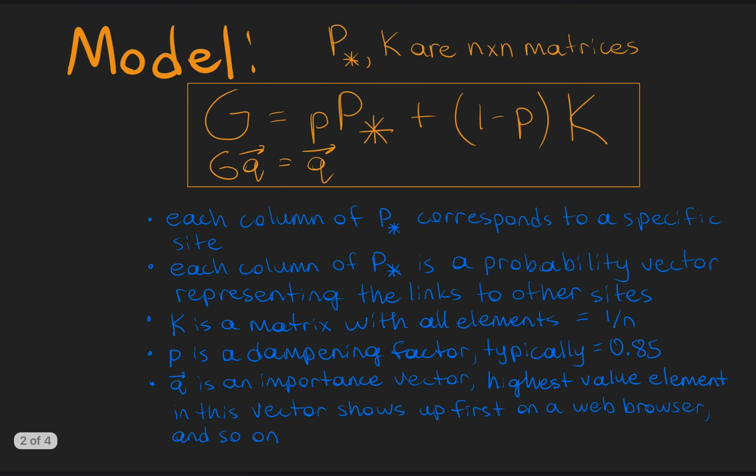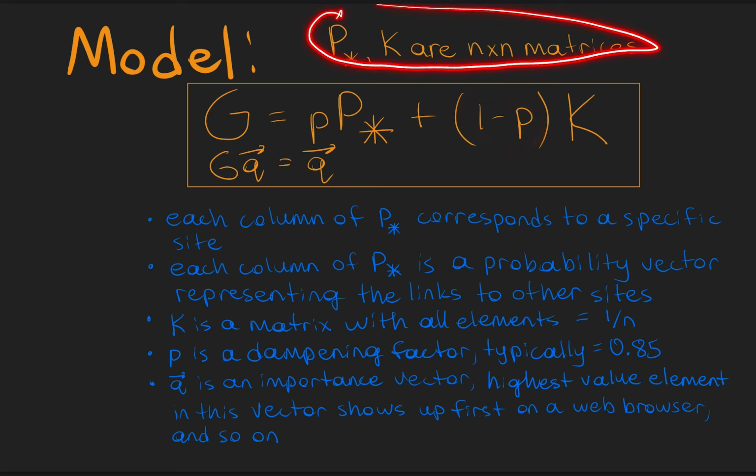So first, let's take a look at our model. We have a matrix G, which is equal to P times this matrix plus 1 minus P times this matrix. And if you notice, the matrices are n by n matrices. So if we have n websites, if we have 10 websites, let's say, then the matrices are going to be 10 by 10 matrices.